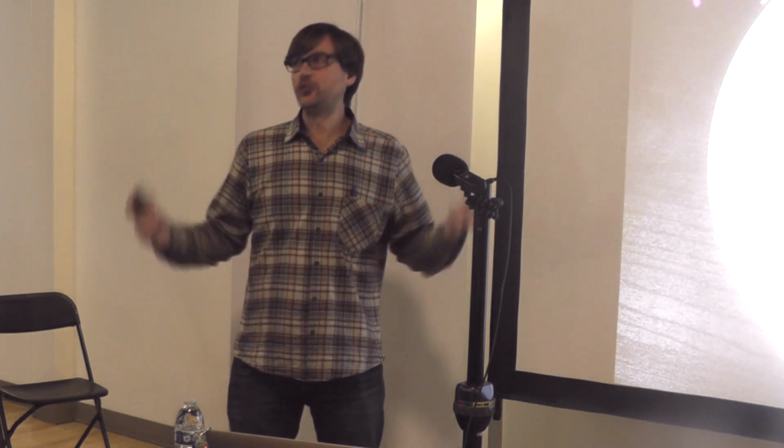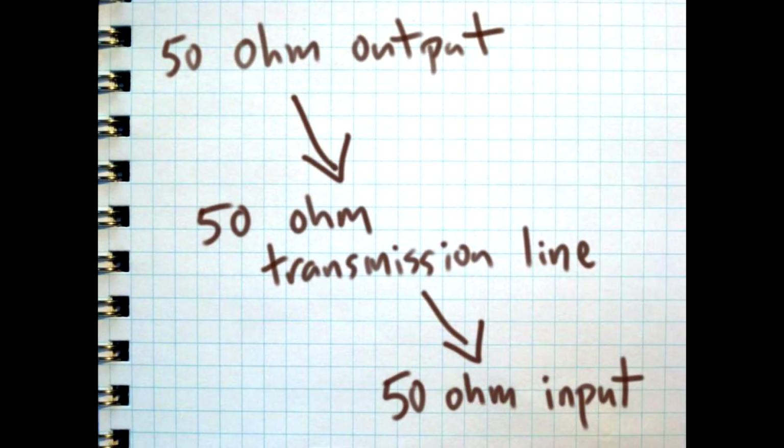Impedance matching is something you have to worry about sometimes in RF circuit design, but there's a super easy way to match impedance all the time, and that's just to use 50 ohms everywhere. Have 50 ohm outputs from every component, and then run that signal over a 50 ohm transmission line across your circuit board to a 50 ohm input on the next component. You don't need to worry about impedance matching other than just doing 50 ohms everywhere. And why 50 ohms? I'm not going to get into the history of it, which I'm not even sure I know.